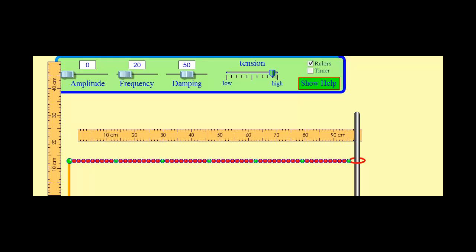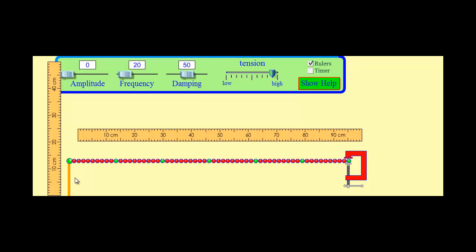This simulation will help us to understand the different wave parameters better. So here we can see a virtual piece of rope which is fixed at one end and the other end is free, that is, we can move it up and down.